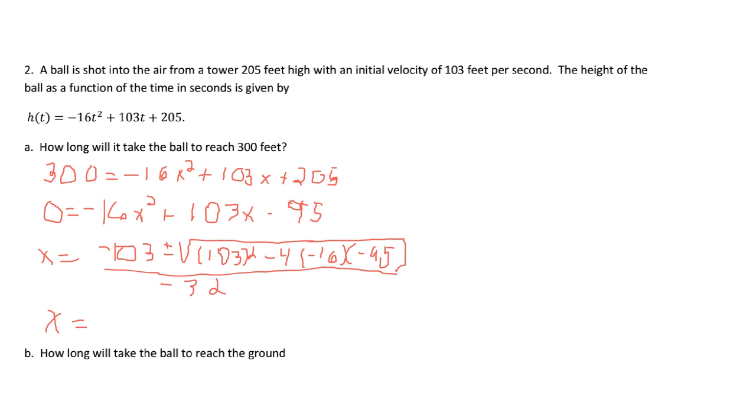So x equals negative 103 plus or minus 67.3 over negative 32. And when I solve that, I get negative 103 plus 67.3 equals, divided by negative 32. I'm sure you can hear my dog barking out there.